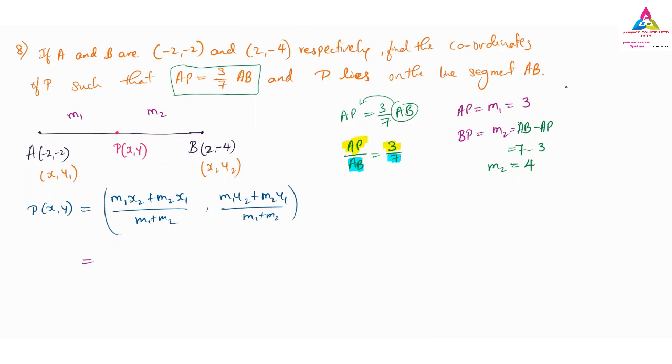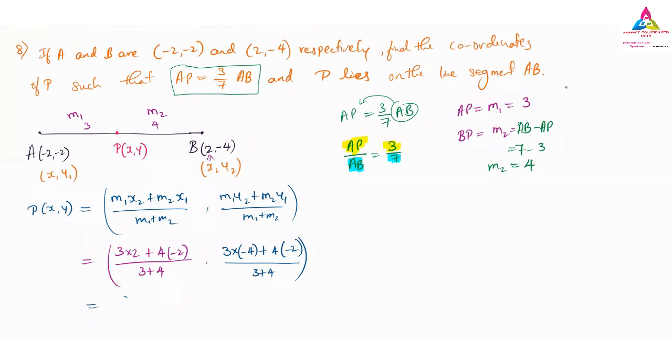Now substitute in that formula. M1 value is 3, so 3 into X2 value. X2 value here is 2, plus M2 is 4. If you want, you can write down 3 and 4. Now we go for X1, that is minus 2, whole divided by 3 plus 4, that is directly 7, you can write 7 also, no problem. Again M1 value is 3 into the Y2 value, minus 4, plus M2 value is 4 and the Y1 value is minus 2, whole divided by 3 plus 4.